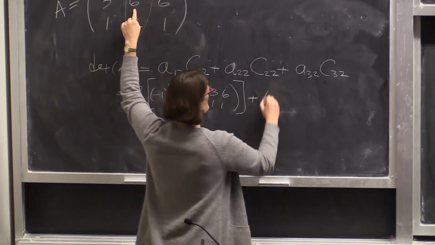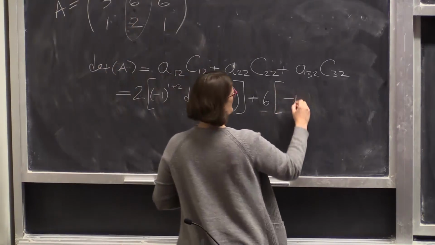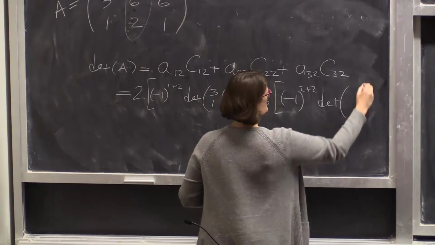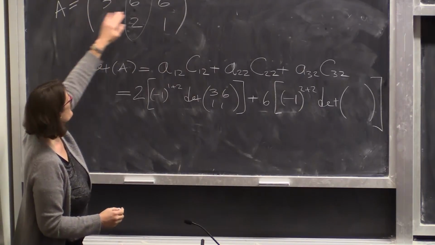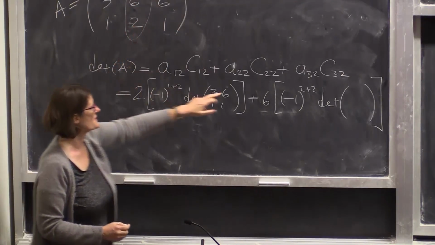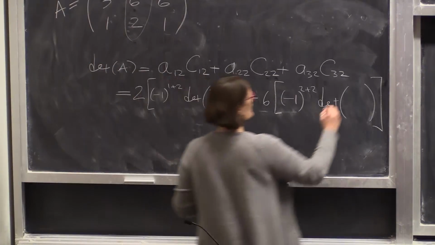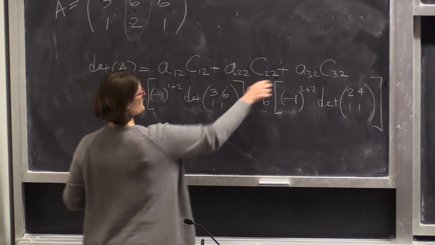A22 is 6. Now I have the 2, 2 cofactor. So that's minus 1 to the 2 plus 2 times the determinant of the matrix I get when I take out the second row and the second column, because it's the second row, second column cofactor. That gives me 2, 4, 1, 1. And then that was this term.